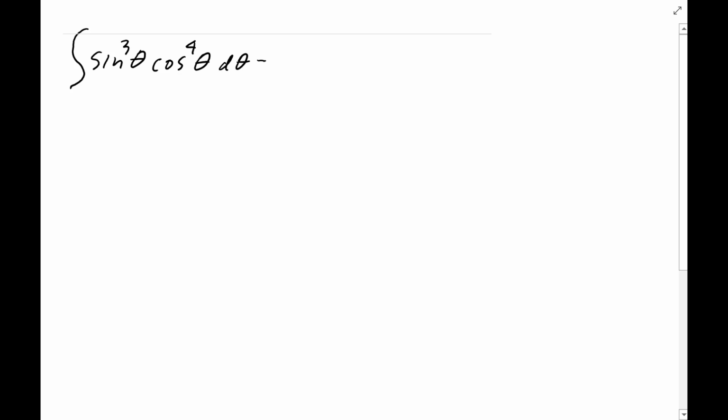In this case, we look for the sine or cosine that's raised to an odd power, which is that sine cubed, and we're going to take one of those sines and put it back next to the d theta. What we're doing when we do this is preparing for a substitution. So that leaves us with just a sine squared theta, cosine to the fourth theta, and here's that extra sine theta.